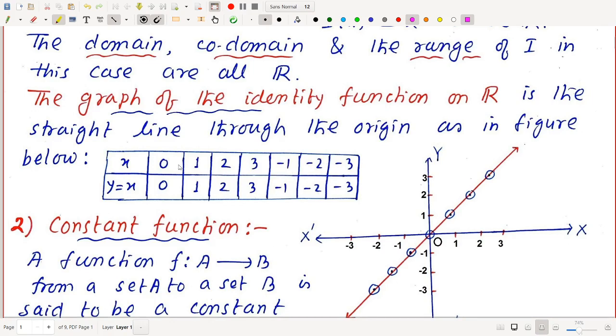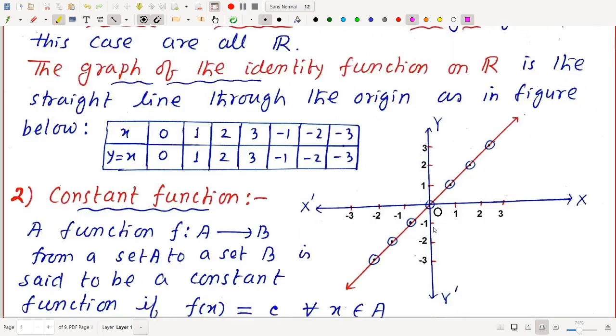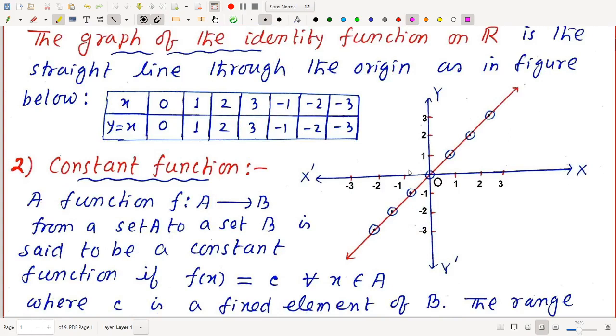Now if we plot these points, x 0, y 0 means origin, x 1, y 1 means this point 1 comma 1, then x 2, y 2 means 2 comma 2, this is the 2 comma 2 point, this is the 3 comma 3 point. Similarly, x is minus 1, y is minus 1, this is the point, x is minus 2, y is minus 2, this is the point, x is minus 3, y is minus 3, this is the point.